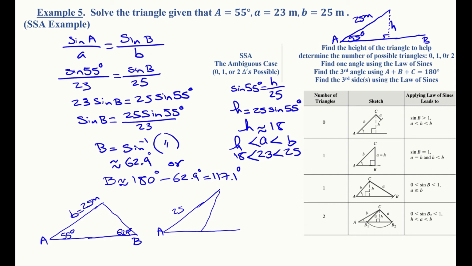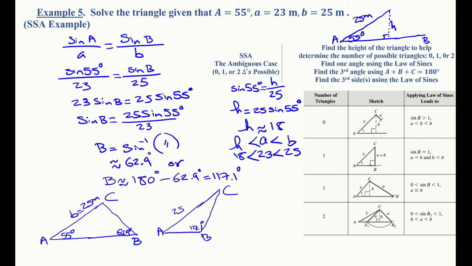So this piece is not going to be there. It's just going to go like that. So here our angle B is 117.1 degrees. And here we have C in both graphs.